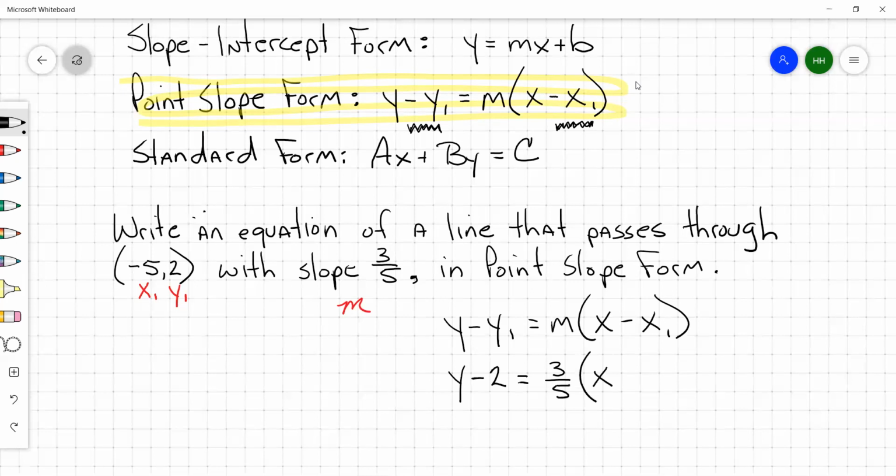Now, this minus your x sub 1 right here, you can also read that as the opposite of your x sub 1. So what's going to go here in the parentheses is the opposite of your x sub 1, or the negative of x sub 1, which is positive 5. And there's your equation in point-slope form.